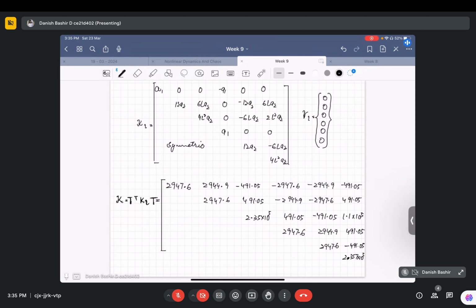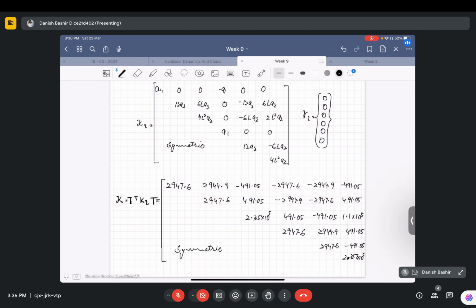These are the values that we get, and the matrix is symmetric from this side.